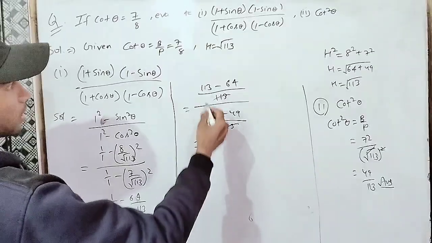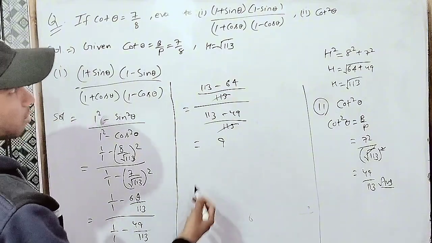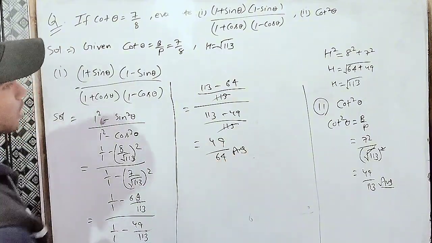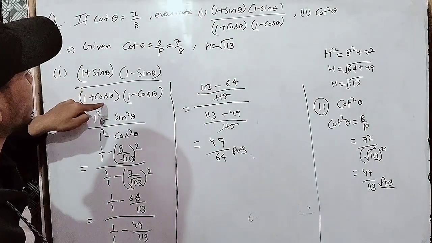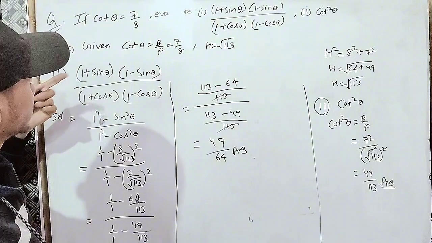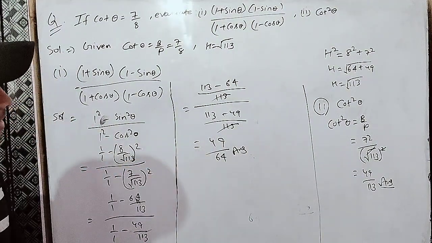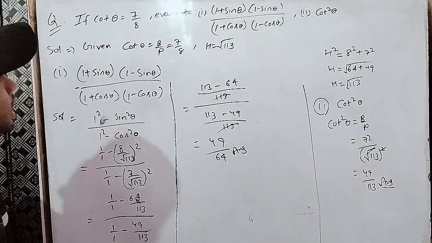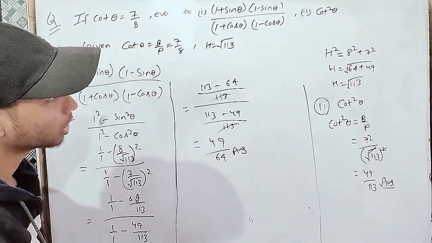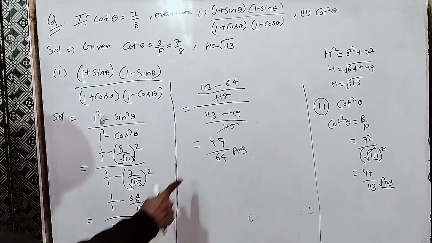We have what, 9, then 4, 64. This is the answer. So yes, sine by cos is tan. So this is the value of tan square theta. Am I right or not? Do you want to see? So this is the answer of this question.